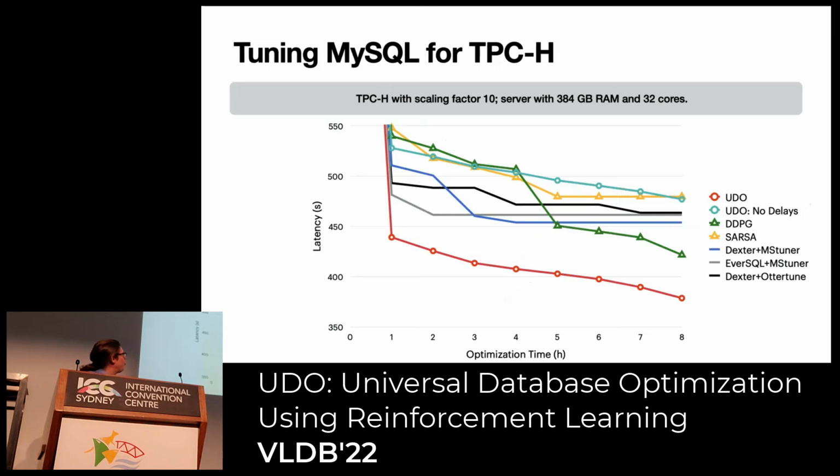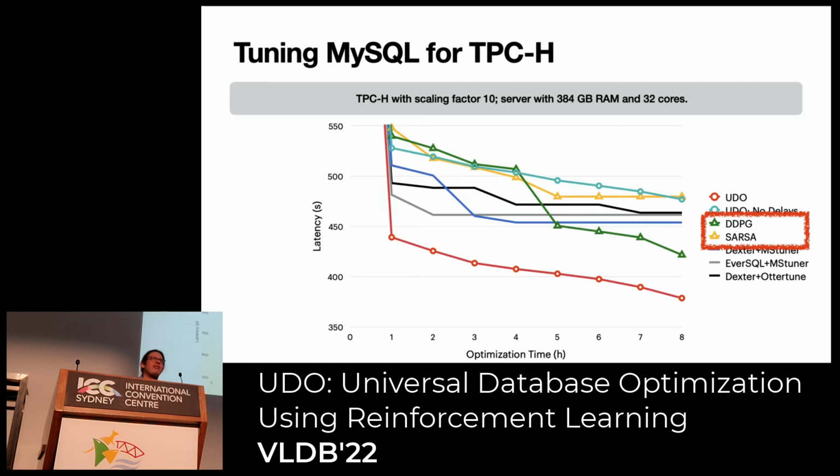First of all, you see that when comparing UDO with a simplified version of UDO, which does not allow for any delays in evaluating those configurations, the performance degrades from the best algorithm to the worst algorithm compared to those baselines. And when comparing this with other reinforcement learning algorithms such as TDPT or SARSA, which don't use those mechanisms in order to reduce reconfiguration time, it also turns out that UDO performs significantly better.